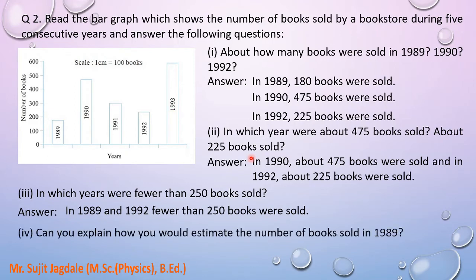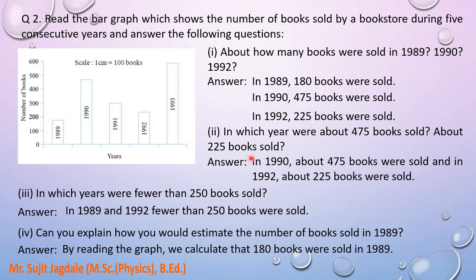In the same way, fourth: can you explain how you estimate the number of books sold in 1989? That means you have to find out how many books were sold in 1989. Okay. Now by reading the graph we calculate that 180 books were sold in 1989. That already we have seen in the first question.